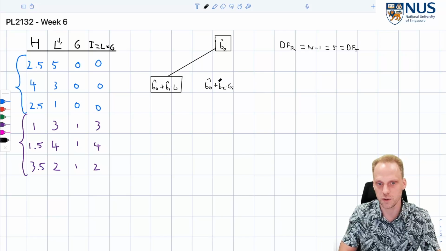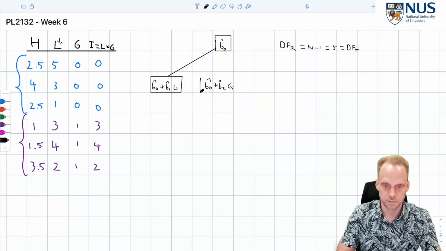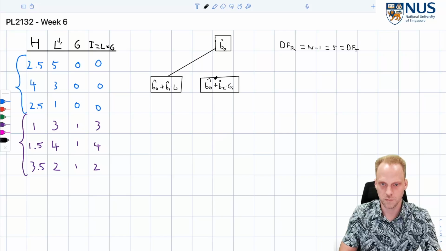I'll just use B2 now, so it doesn't become confusing later. Or we could have done a model with B0 hat plus B3 hat times the interaction effect.